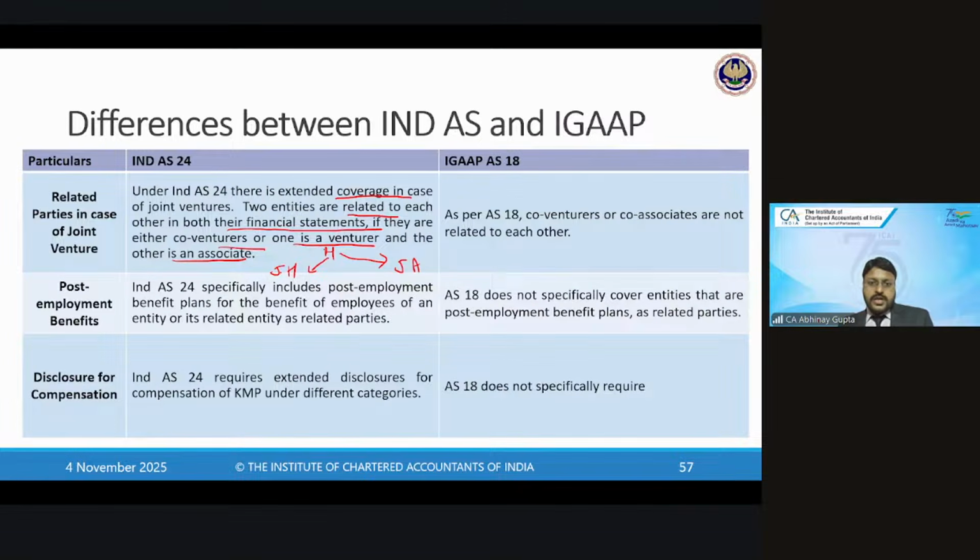So JH and JA are related, yes or no? H and J are related, yes or no? Associate, right? And this is the JV. Both are related for H? Yes. Now, for the JH, JA is related, yes or no?